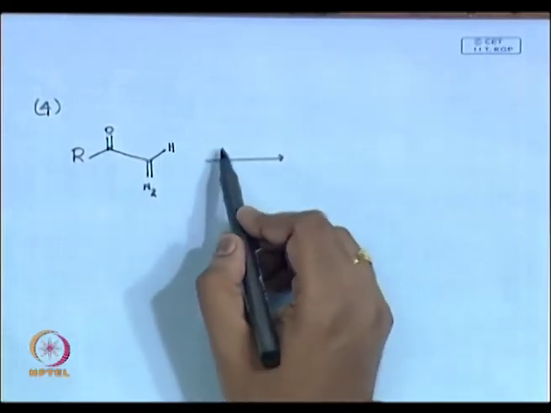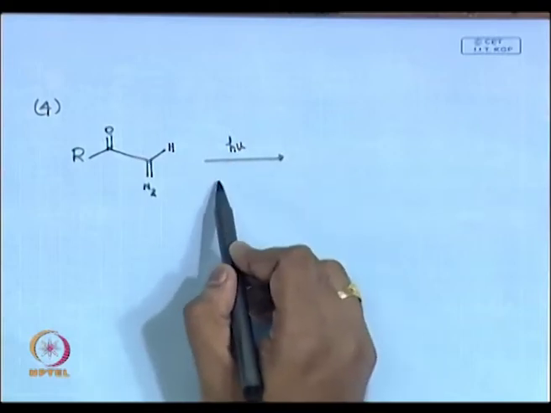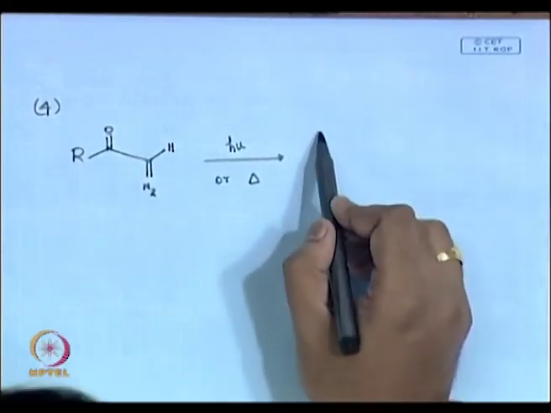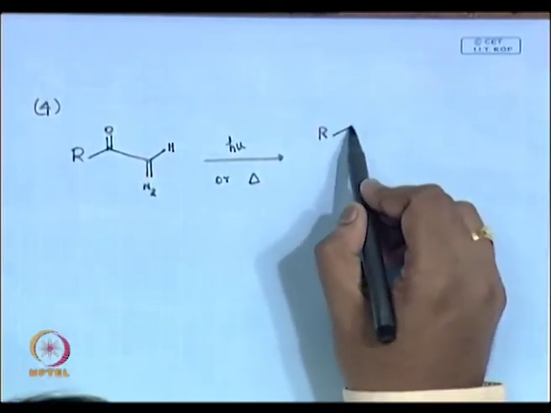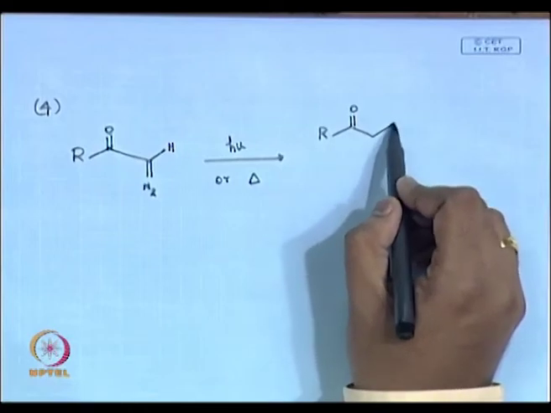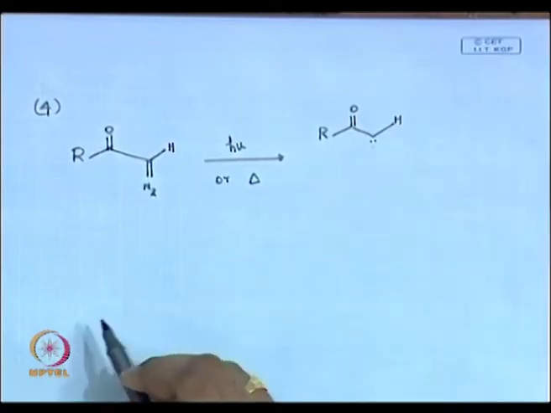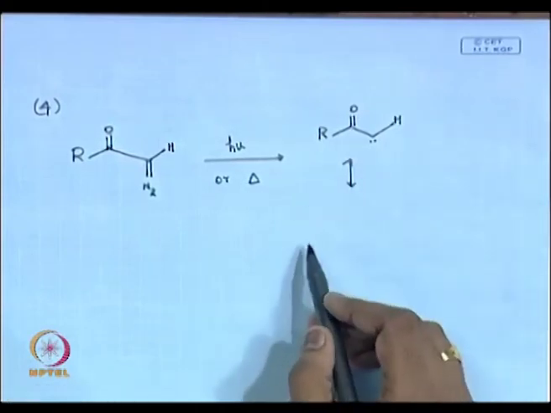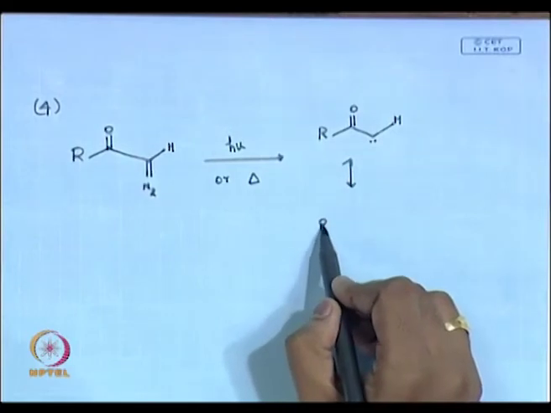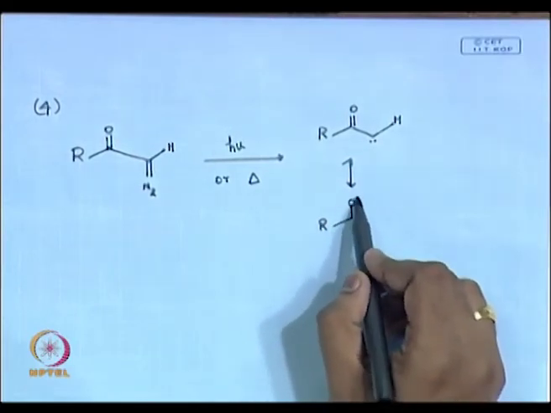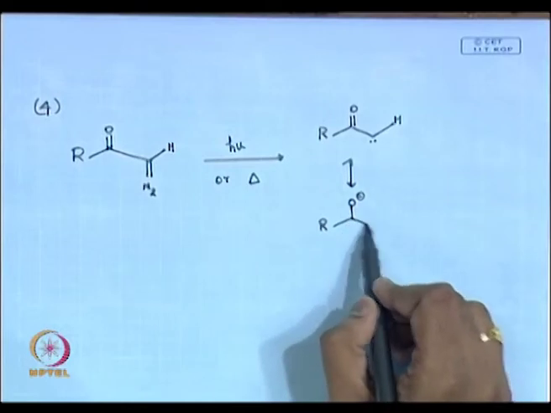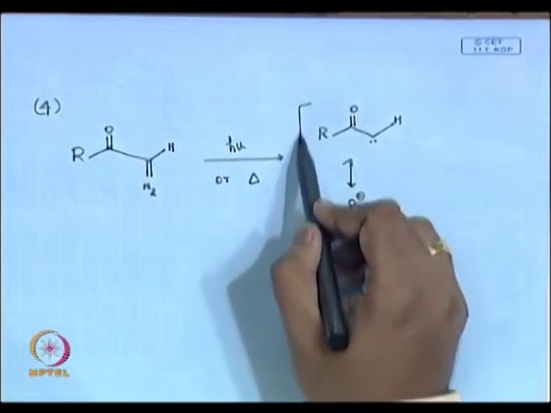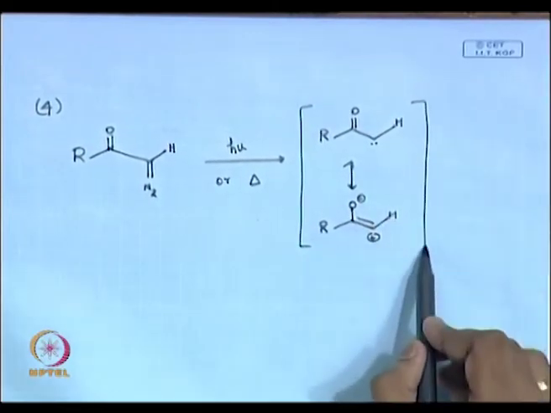So, if you take this type of system, if you photolyze or thermally activate this, you can end up with your carbene, or another way of writing it is with O minus and a positive charge here.